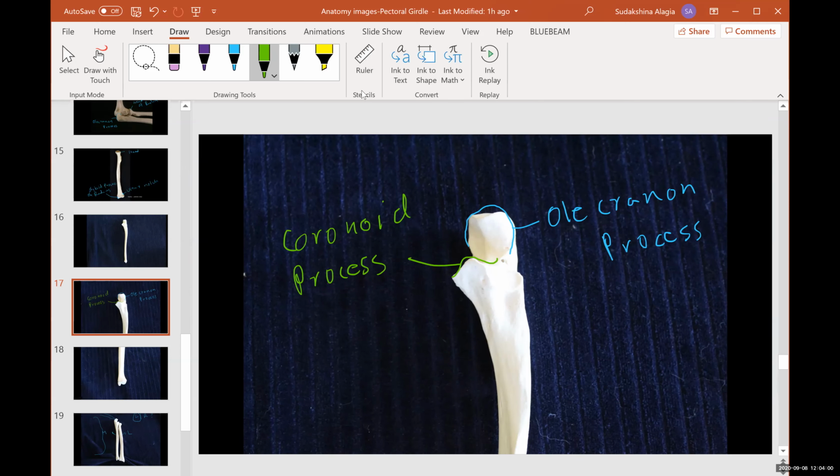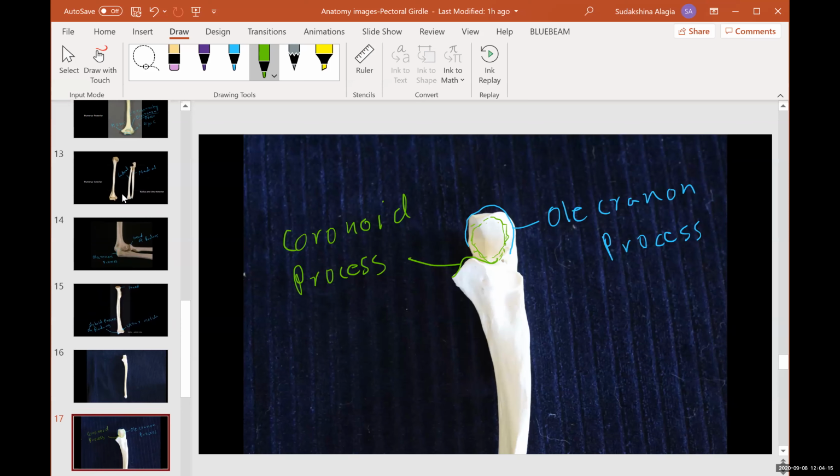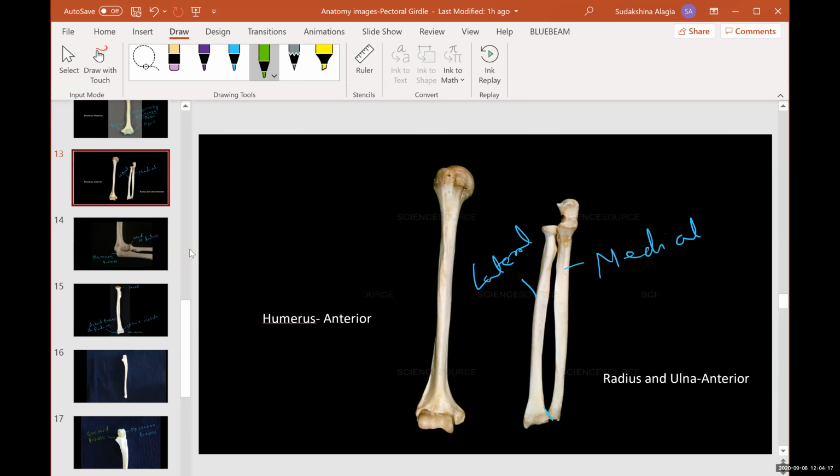Between olecranon and coronoid, see how this is kind of faceted? This surface is also called a notch, and this notch fits into the humerus.